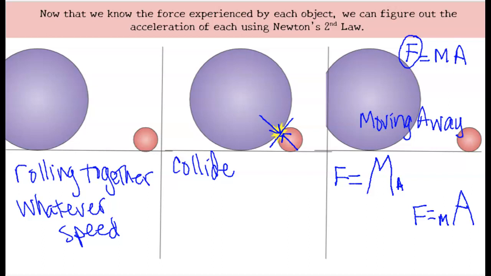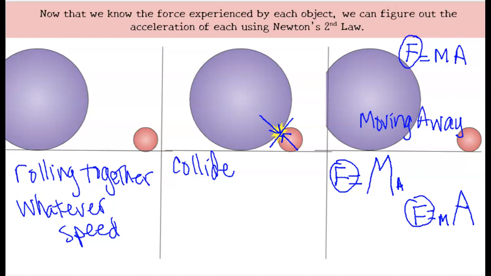Because this one has a big M and a little a, but this one has a little m and a big A, we can cause these two equations to have the same F, because that's what we started with knowing, that the force that acted on each of them was equal.